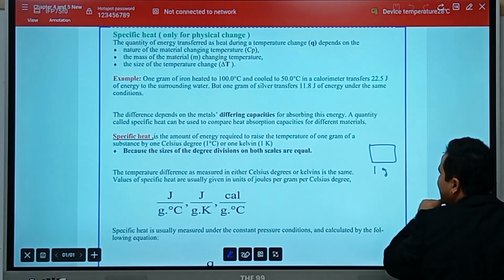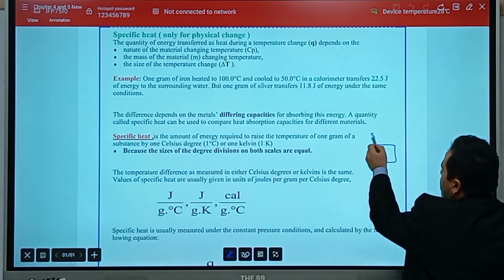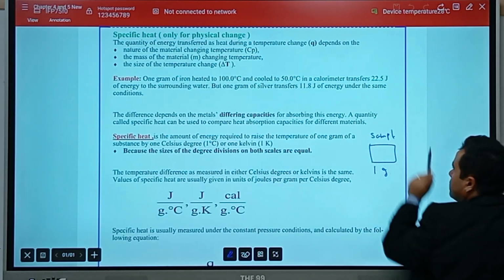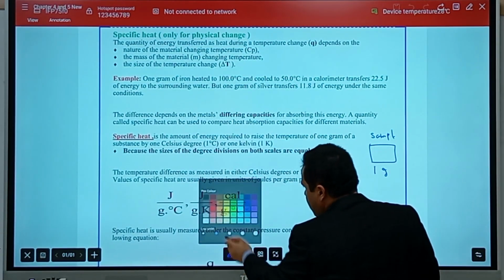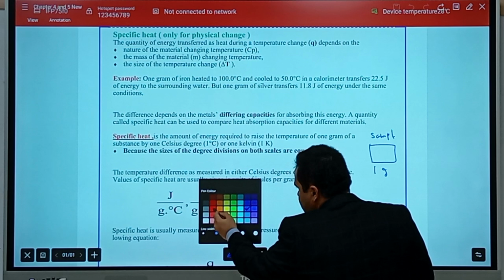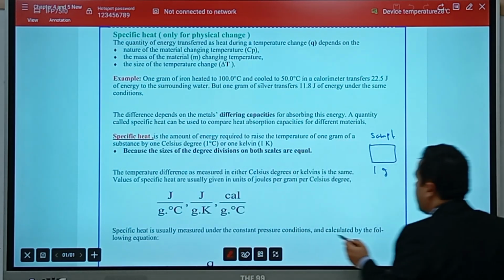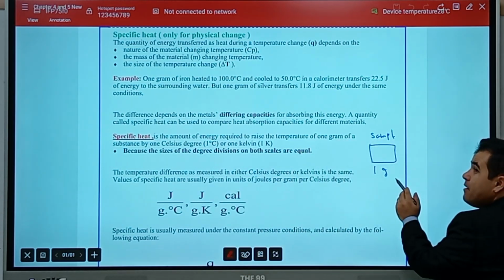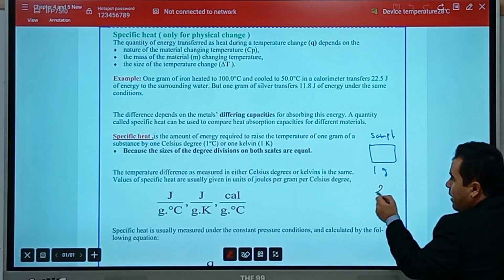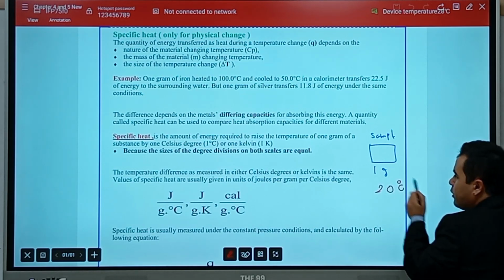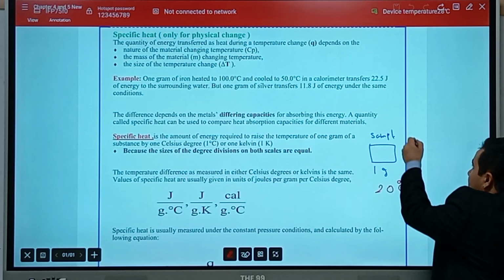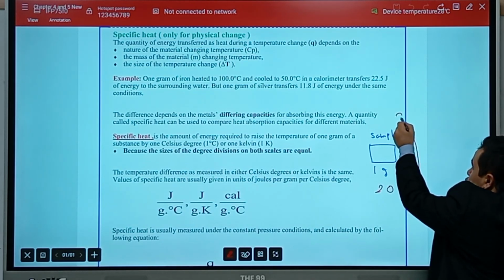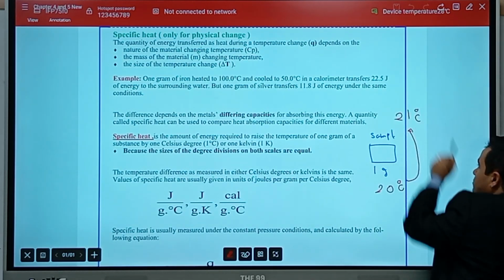Take 1 gram of any sample of matter: iron, Ag, Zn, aluminum, any matter, guys. If this gram is at 20 Celsius, we want to increase the temperature to 21 Celsius.